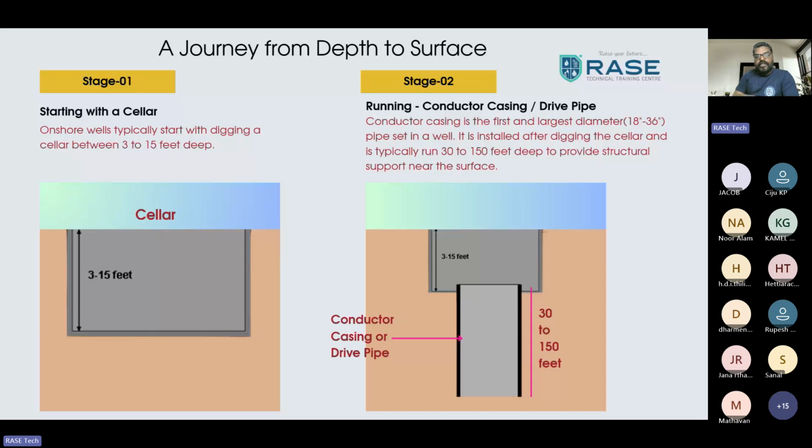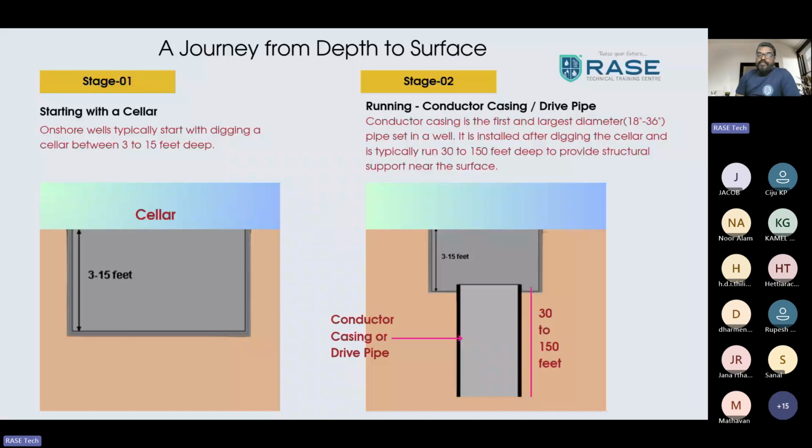Second stage, after the cellar, running the conductor casing. This is called the drive pipe. The conductor casing is the first and largest diameter pipe set in a well.